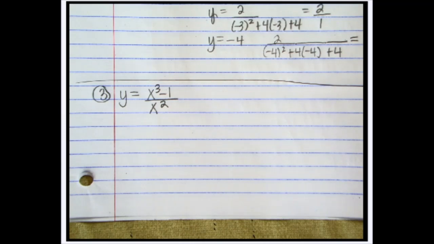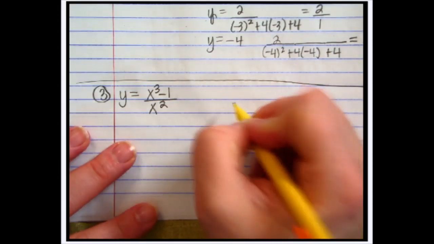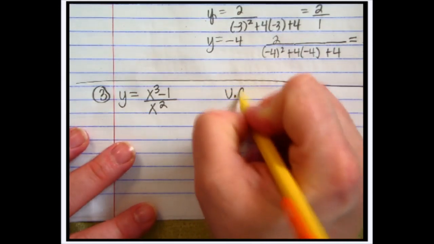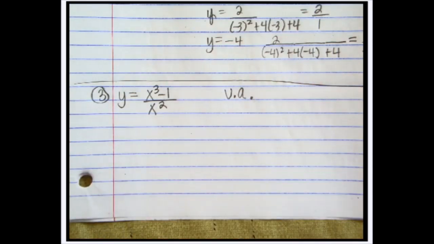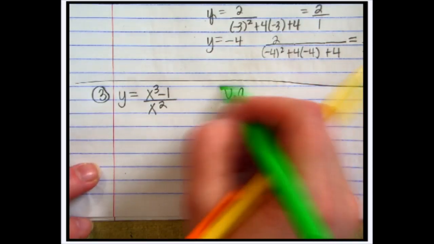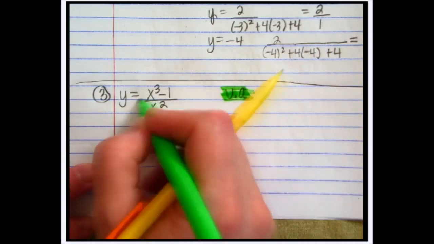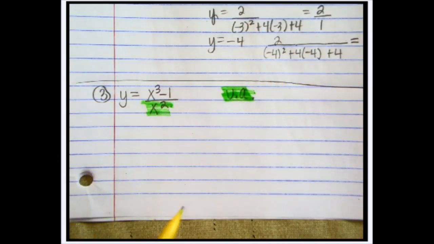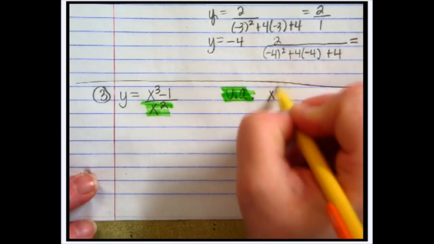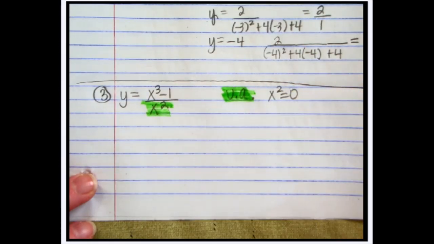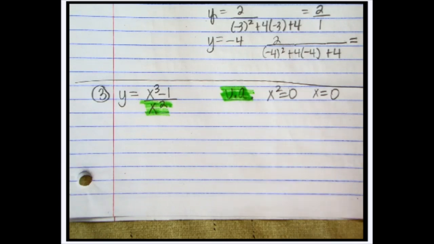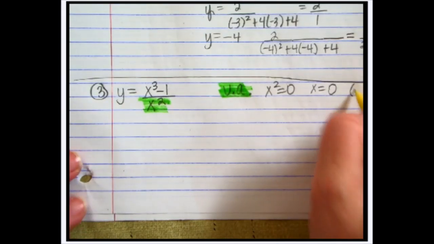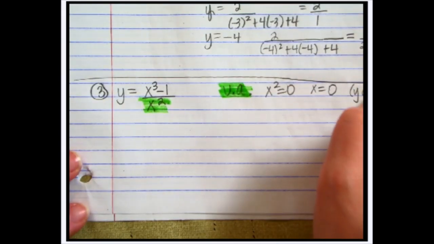We need to find the vertical asymptote. It doesn't matter what order you do it in; this is just what I have developed that I always do first. So the vertical asymptote is our bottom equal to 0. So x squared equals 0, so x is plus or minus 0, which is just 0. So this is your y-axis.